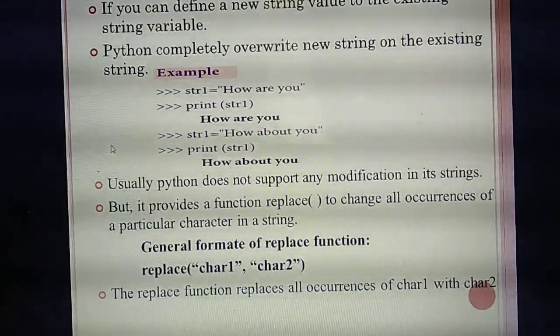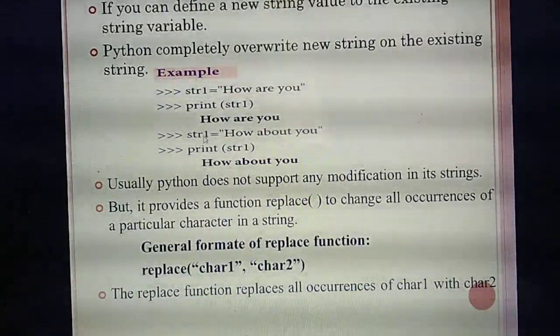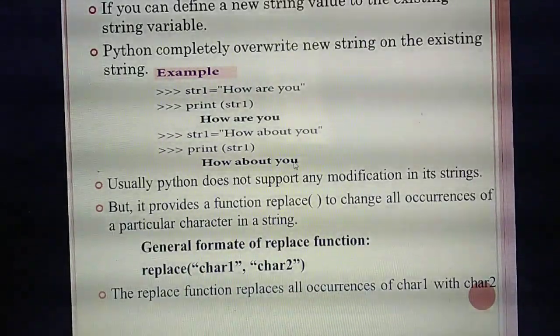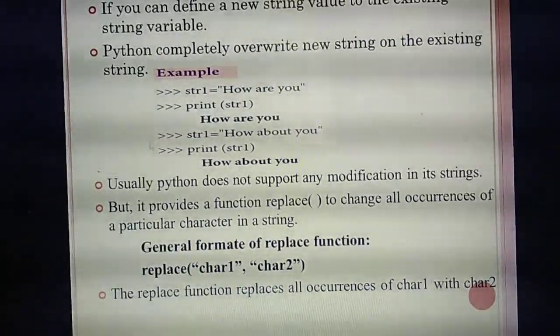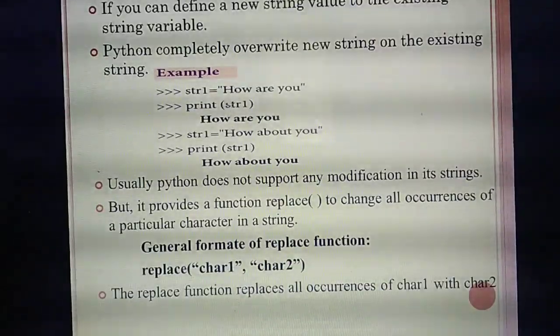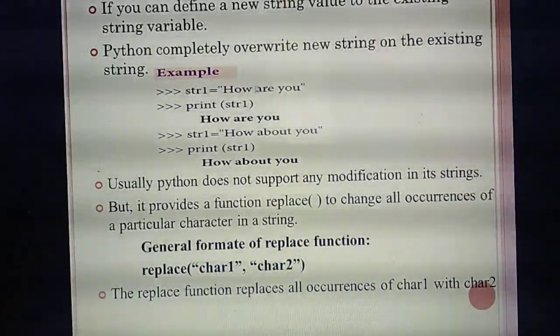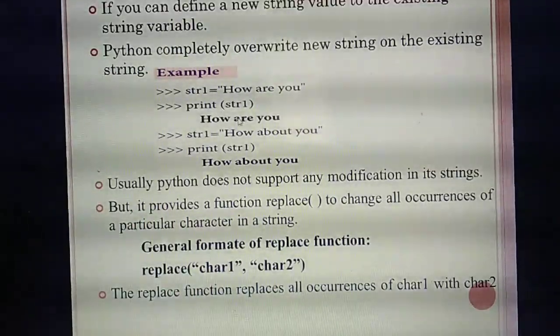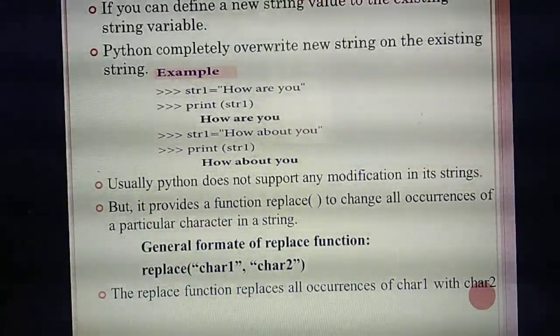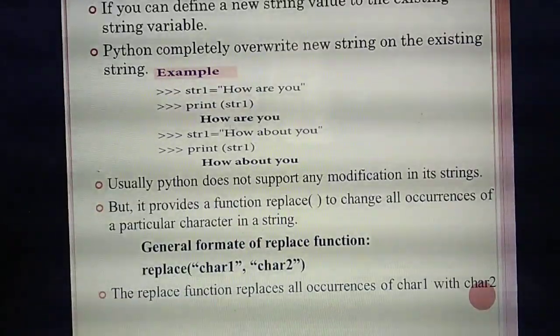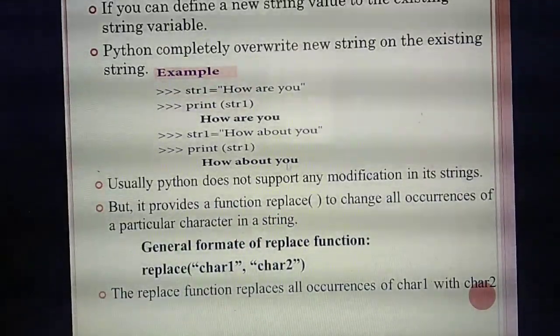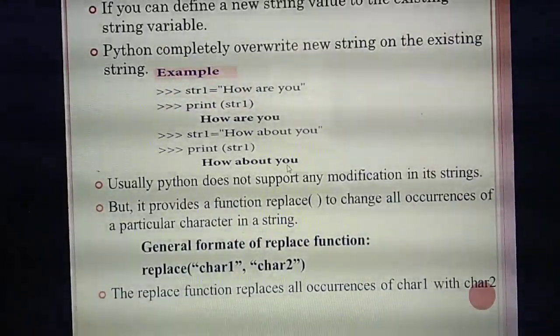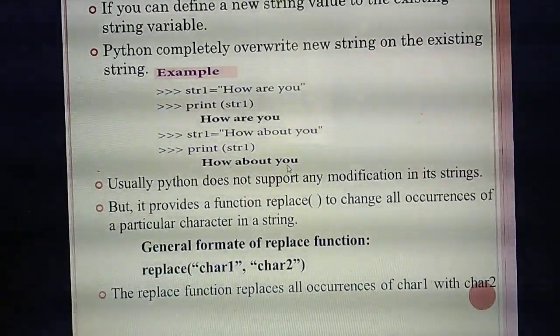Okay, how about you. Now I am printing the string str1. So now what output will you get? How about you. But inside the same string, I can't make changes. So first I have defined the string, then I am printing how are you. Next I will change in the next statement, so instead of how are you, it will display how about you. Understand?